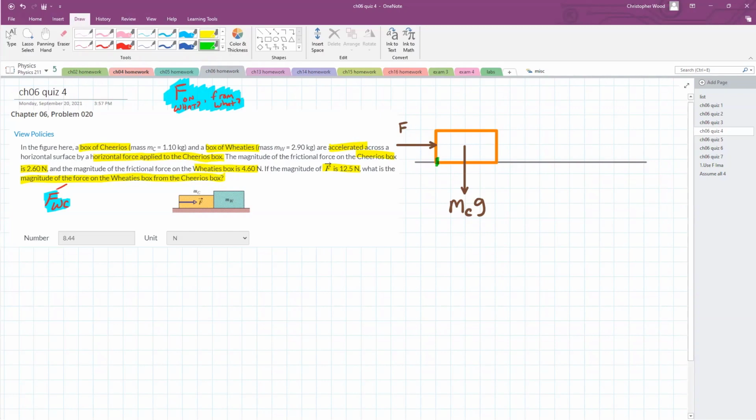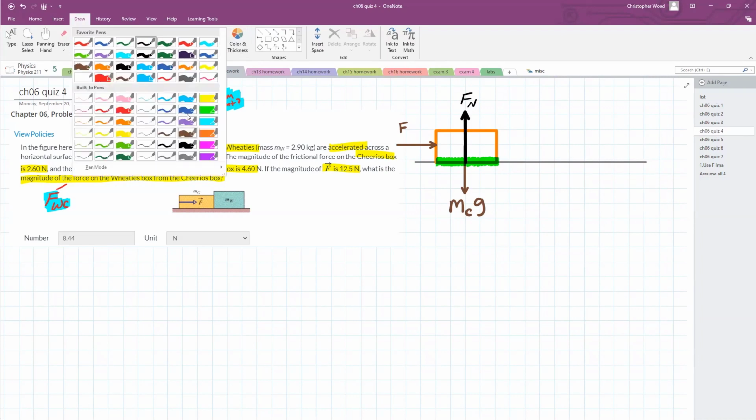Here's the shared contact surface between the Cheerios and the floor. So my normal force is going to be perpendicular to that. So I'll draw that like this. Okay. What else? No, that's not it. Because I actually have a reaction force. I have a force that looks like this.